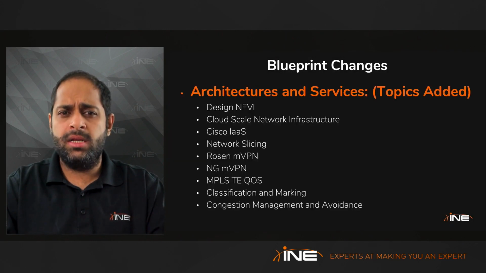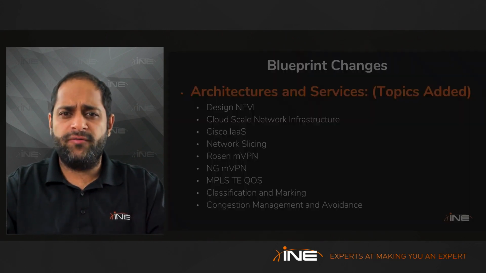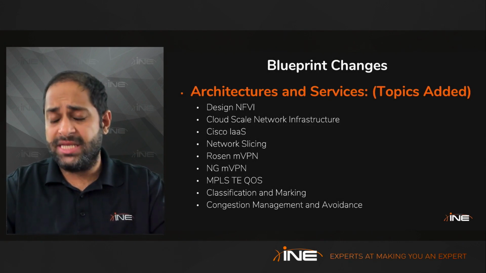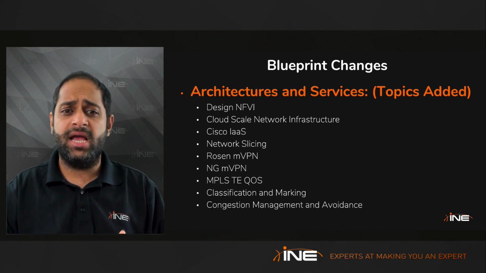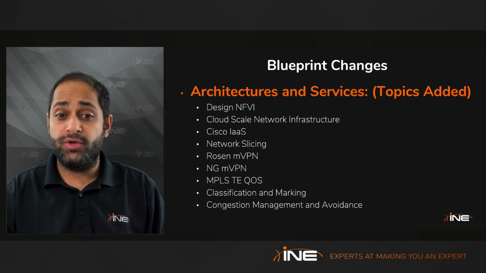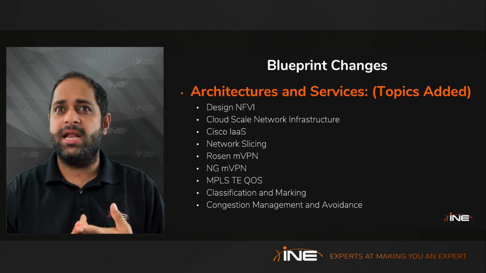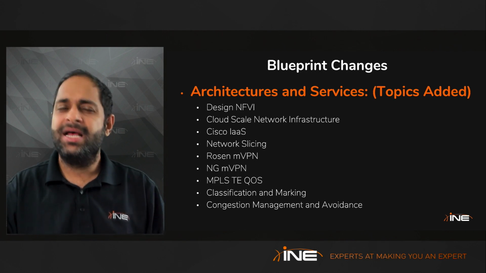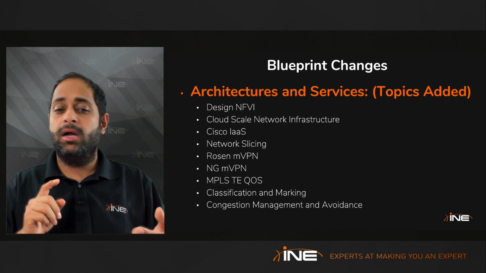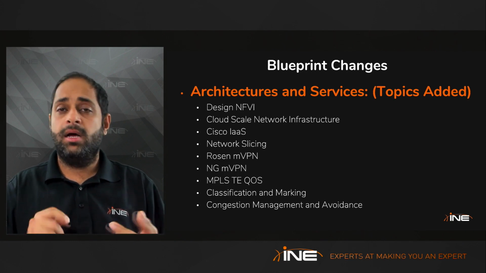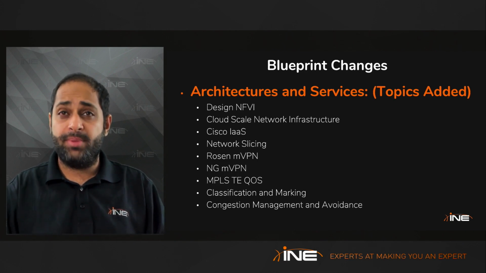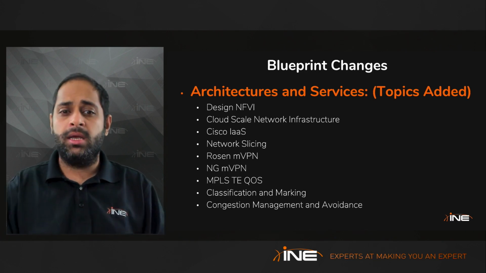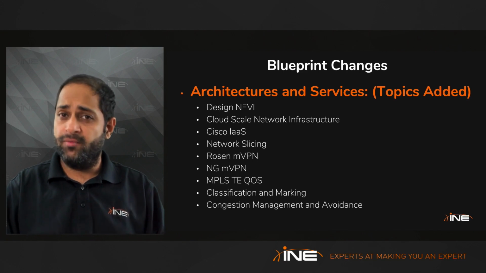So in the second domain, here is the list of changes. The topics that were added were designing network function virtualization infrastructure, cloud scale network infrastructure, Cisco infrastructure as a service, network slicing, Rosen MVPN, next generation MVPN, MPLS-TE QoS, classification and marking, and congestion management and avoidance.